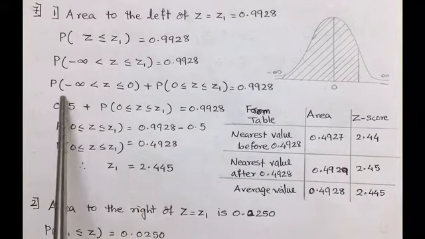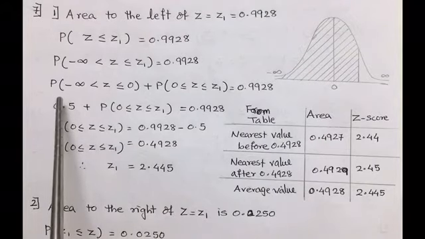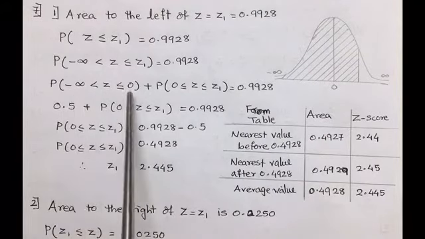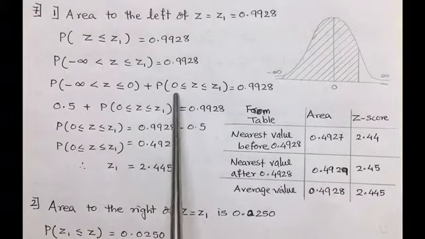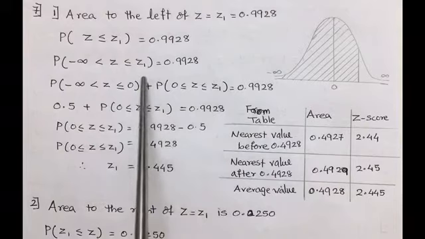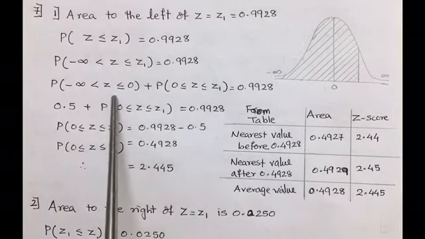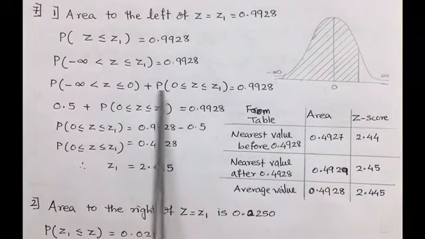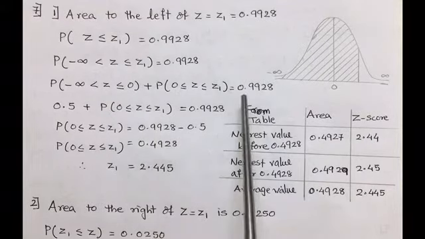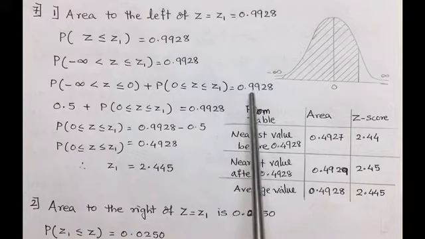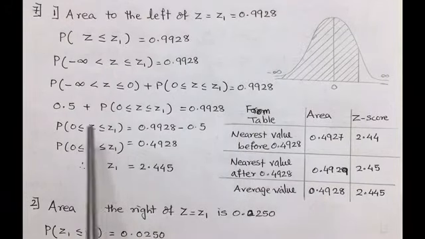So one probability we have taken is from minus infinity to 0, and another probability will be from 0 to z1. So at the point 0, both the probabilities are separated with a plus sign, and that is equal to 0.9928.